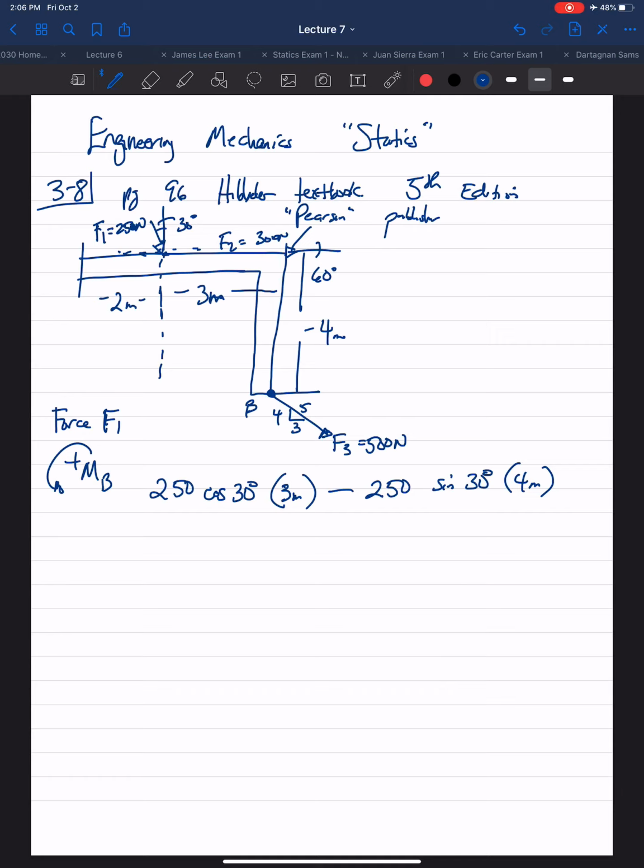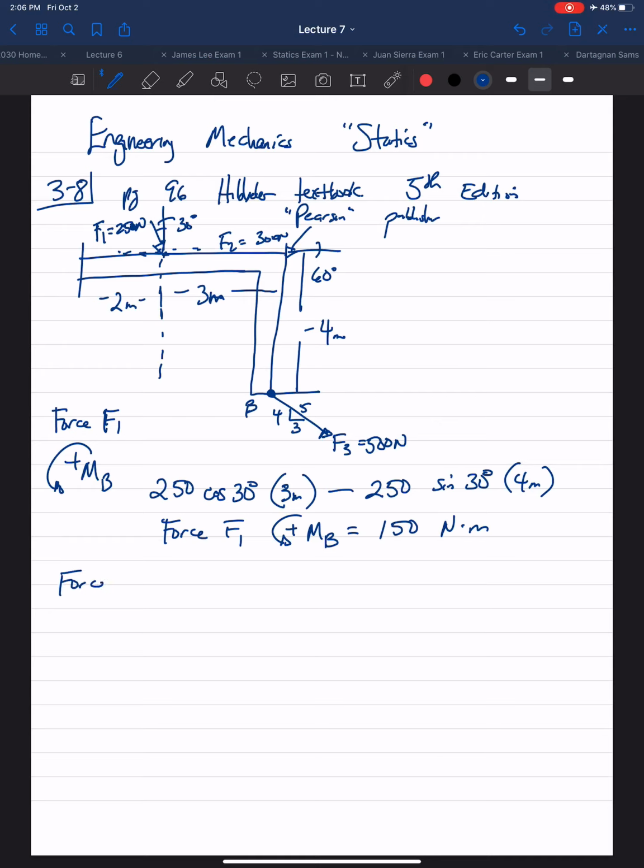Multiply this out for F1. So the moments about point B gives you approximately 150 Newton meters.